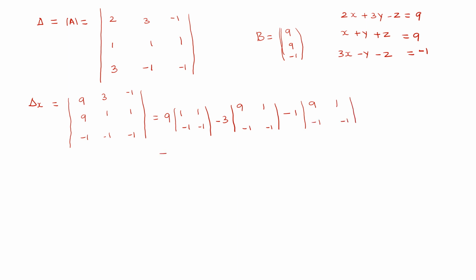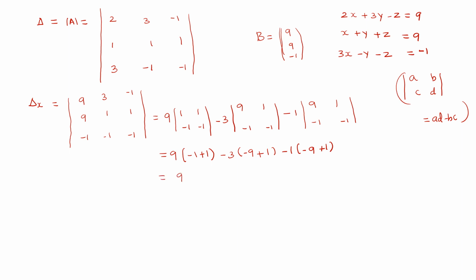Now we expand. You know how to expand any minor matrix: A, B, C, D is a minor matrix and you know the value is AD minus BC. Once again we expand the -1; the negative of negative is positive, so we get +1. So -3 times -9 plus 1, then -1 times -9 plus 1.